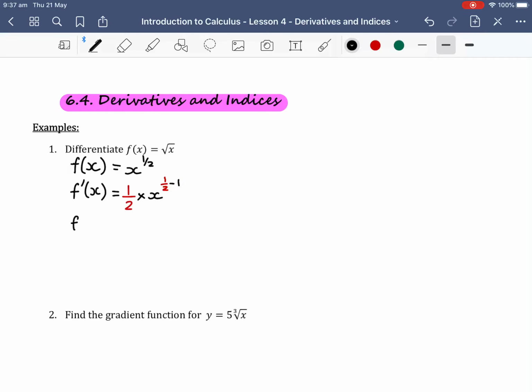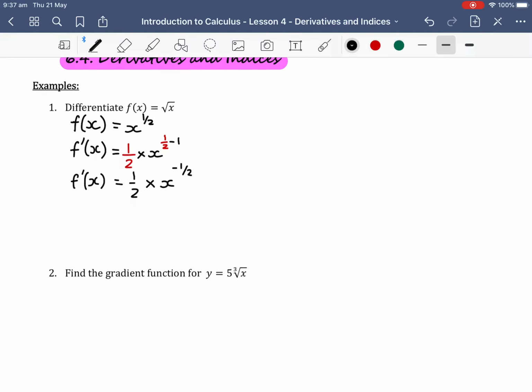So when we do this, we get f dash x equals a half times x to the power of negative a half, where for x to the power of negative a half, we need to recall that a negative power means 1 over x to the power.